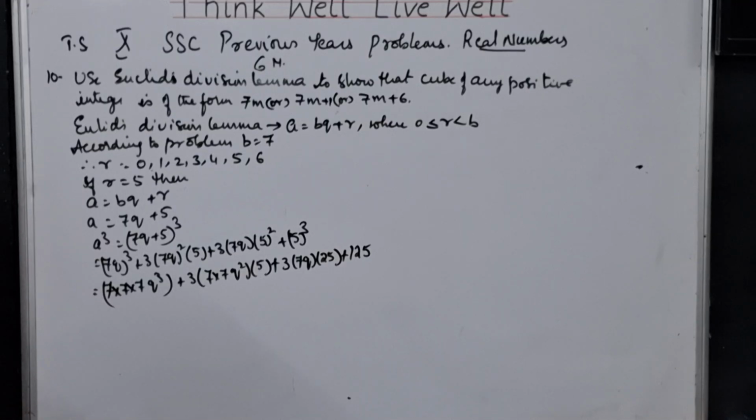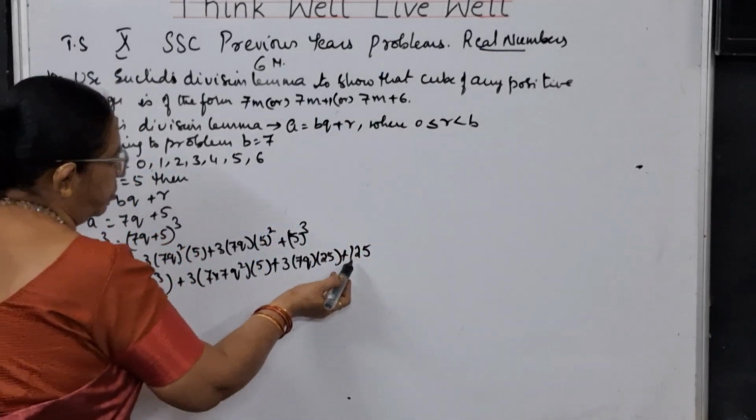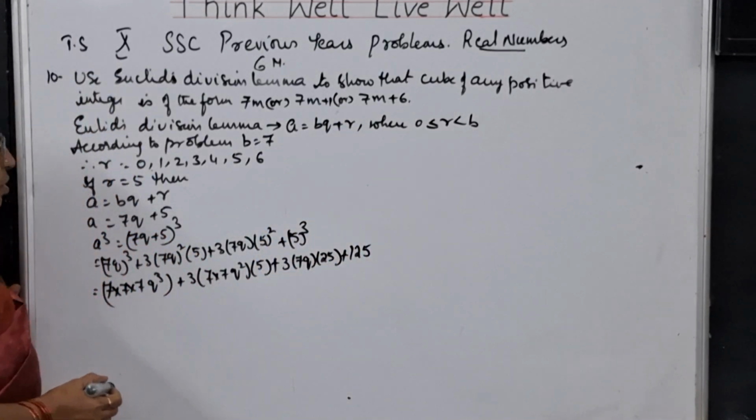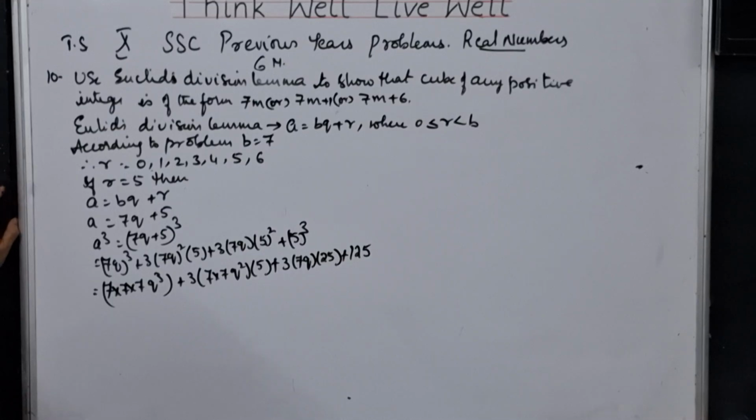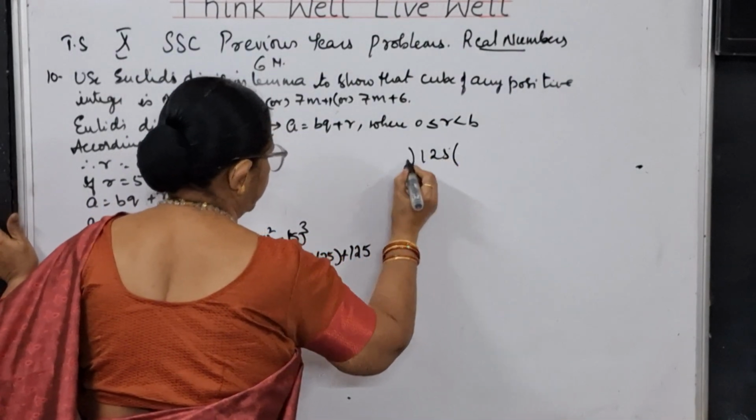So 125 we have to divide. So we need to get either 7m, a multiple of 7, and 125 is not. So 7m plus 1, 124 if you take, you don't get. So let us first divide 125 by 7.